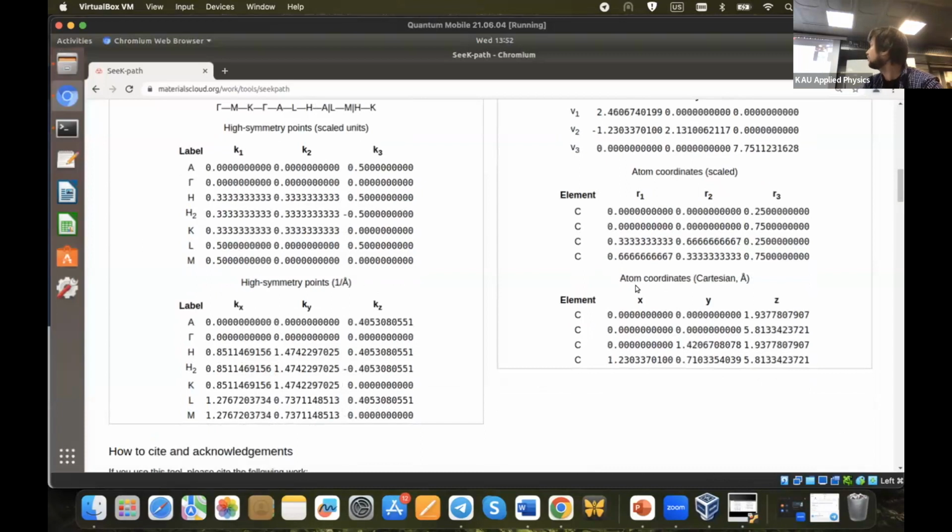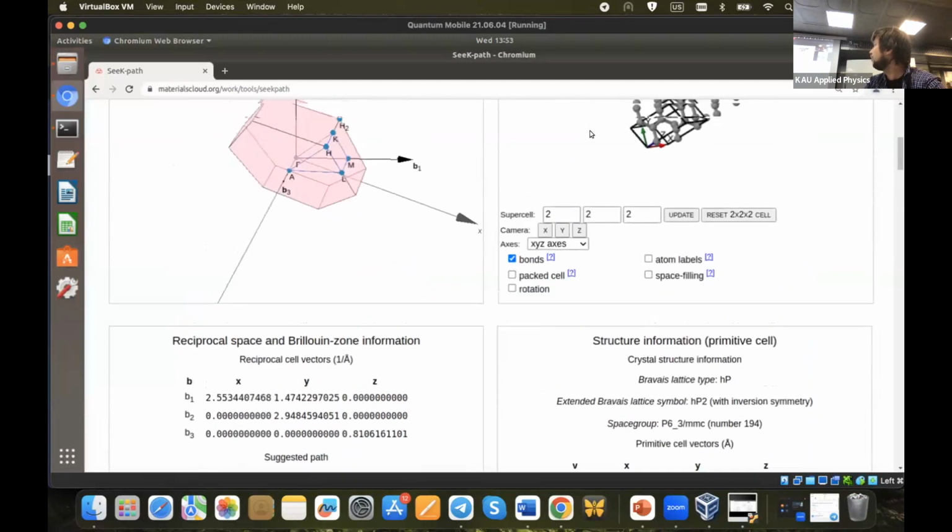And these are the coordinates of each atom, but not in direct coordinates, but in Cartesian coordinates. Here you see scaled or direct coordinates, and here you see Cartesian coordinates. Cartesian are just coordinates where you take some point as 0.